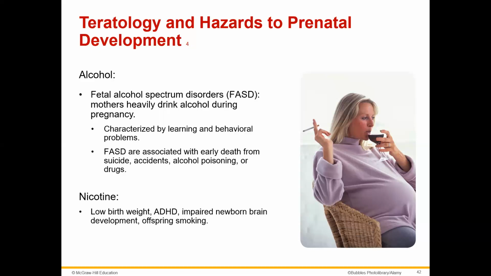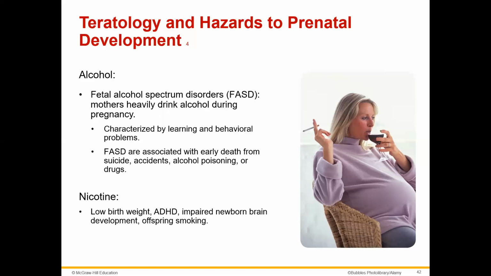So we already saw at the beginning of chapter 1, the average life expectancy in the US was around 79 years now. The average life expectancy for a fetal alcohol spectrum disorder baby is 34 years. And the reasons I mentioned here, they suffer early death from suicide, accidents, alcohol poisoning, or drugs, because all those things are more likely for babies that were born with this condition.